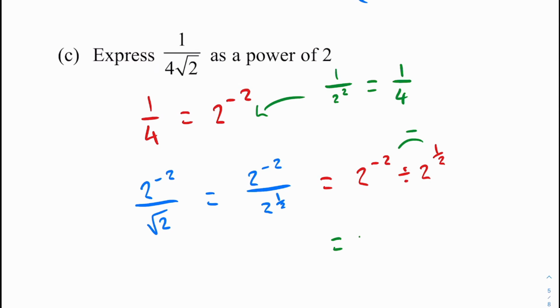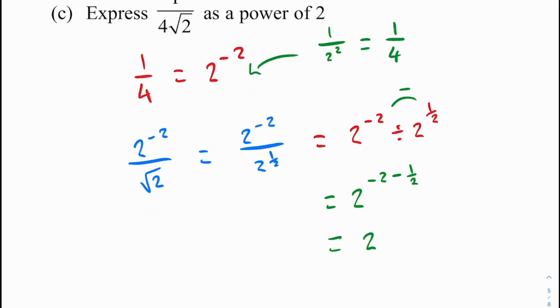So this becomes 2 to the power of negative 2 take away 1 half, which is negative 5 over 2.